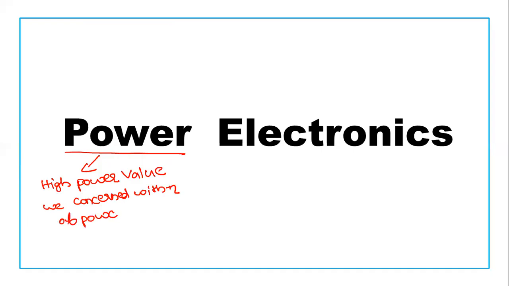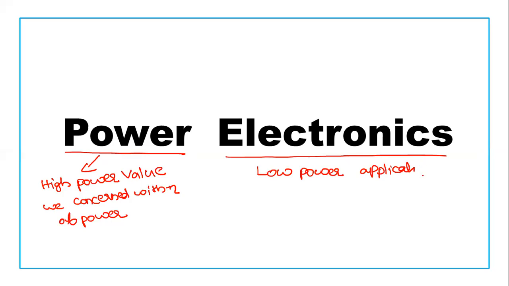So in power system, it is high power. And in analog electronics, if you remember, you might have studied about low voltage, low power applications. There it was high power and here it was low power application, and efficiency is not a major concern.